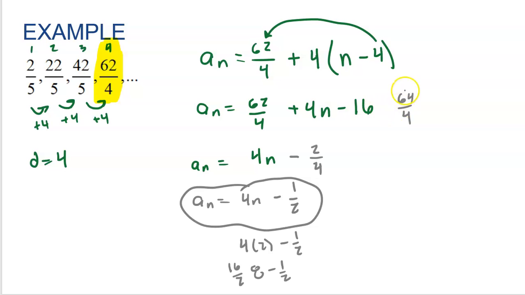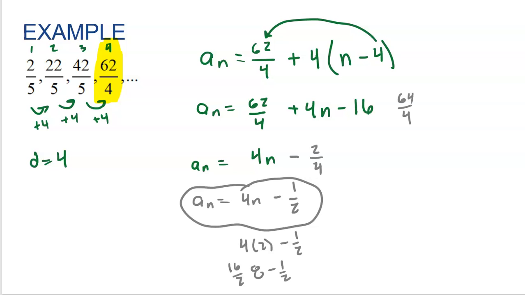Okay, so 16 is 64 fourths. 62 minus 64 fourths is negative 2 fourths. That's negative 1/2. 4 times 2 is 8. 8 is 16 halves. 16 halves minus 1/2. That's going to be 15 halves. Let's see. I got to make a mistake somewhere.